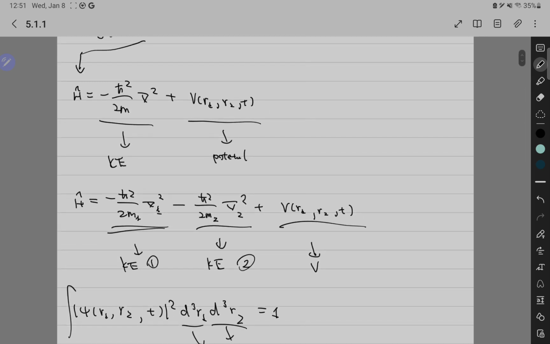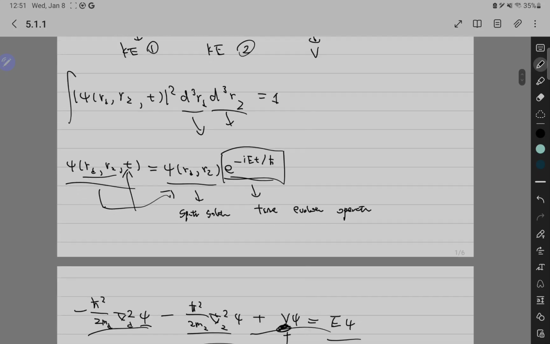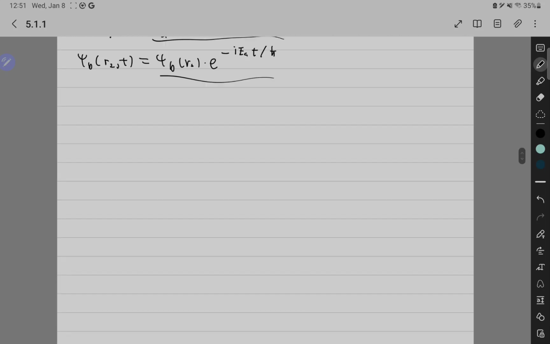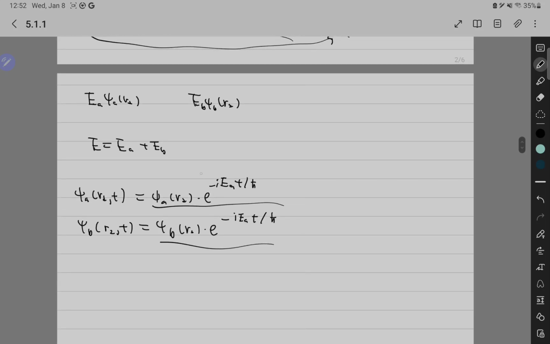So I have already explained it in the earlier part, but if you are really unsure about how this part came about, you can review the previous chapter, which talks about the general solution to a wave function.